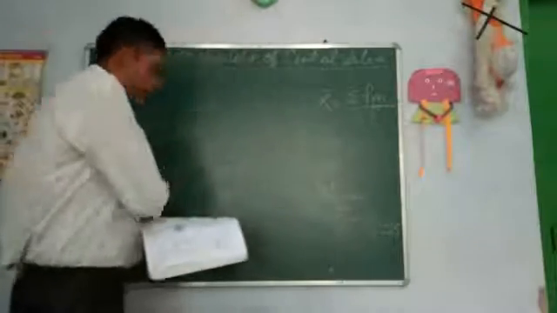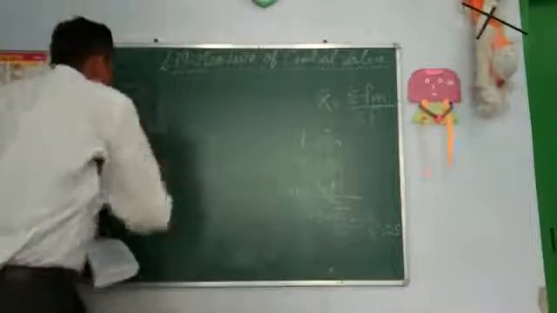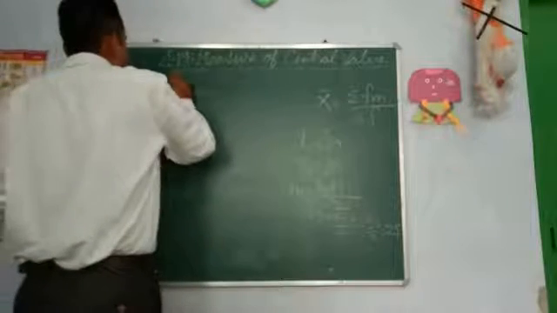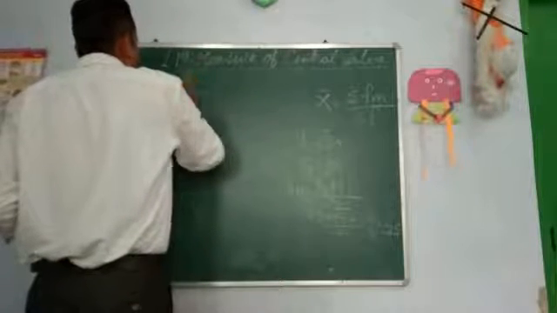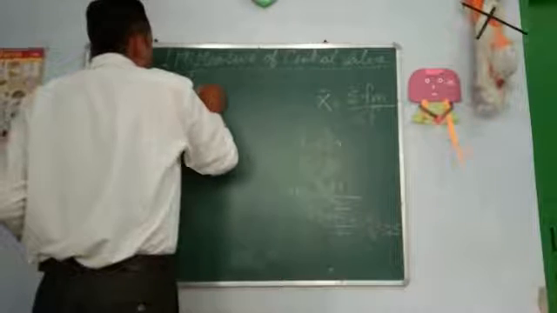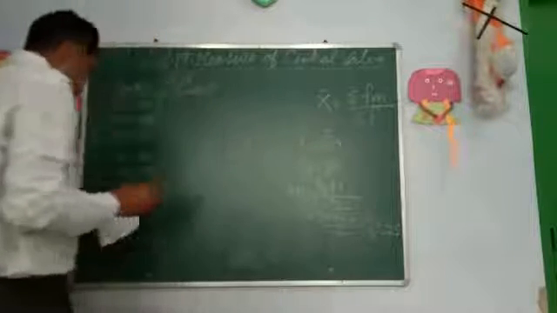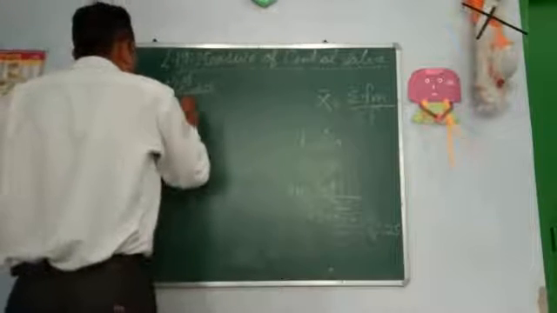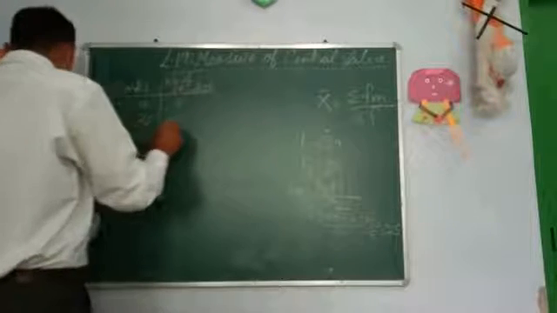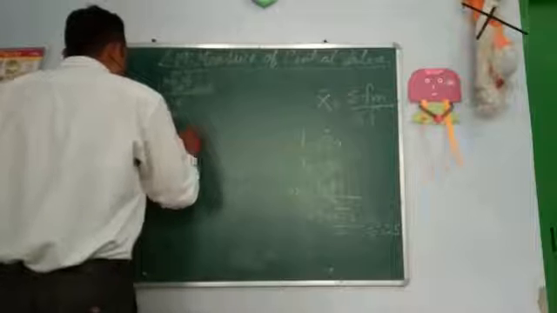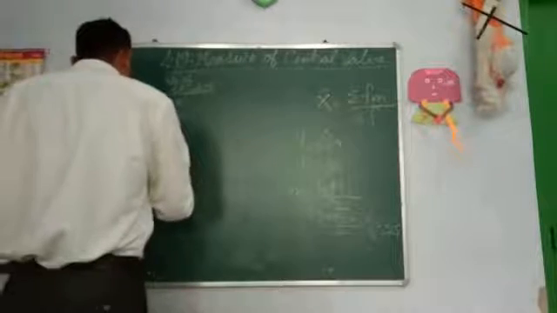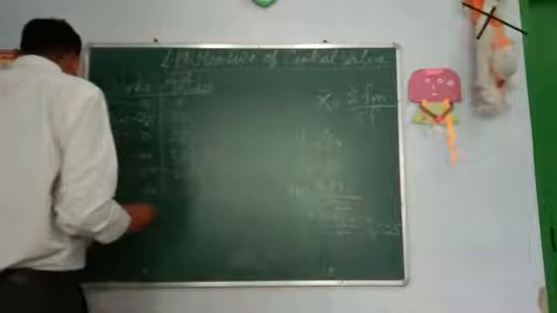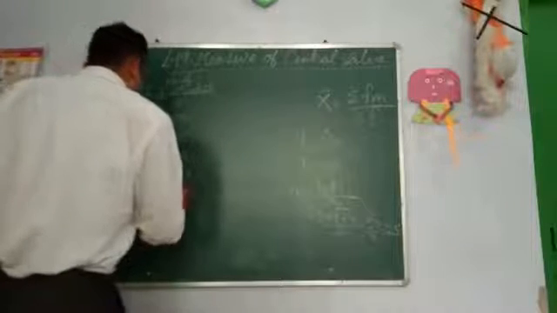Marks of students are given. This is marks of students and number of students. Number of students who are getting marks between 0 to 10 are 5, 10 to 20 is 10, then 20 to 30 is 25, 30 to 40 is 30, and 40 to 50 is 20, and 50 to 60 it is 10.